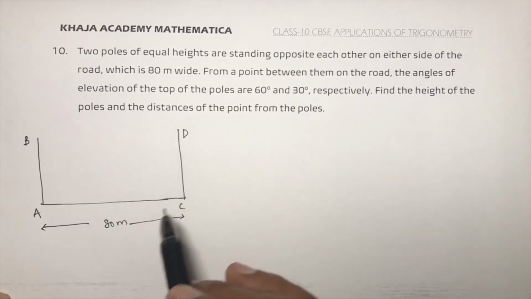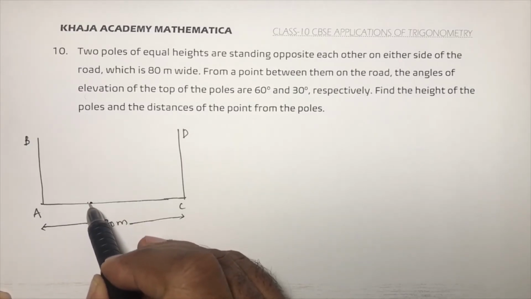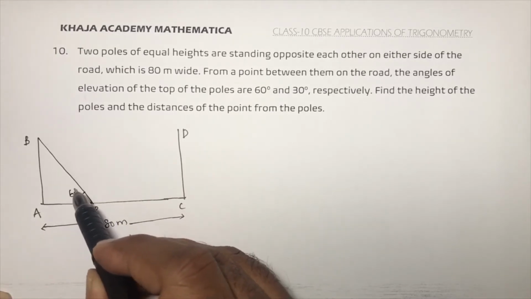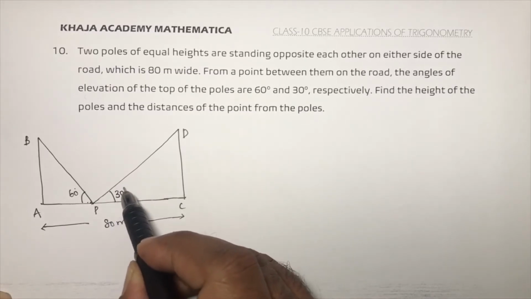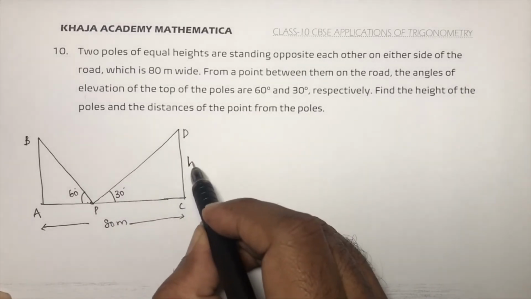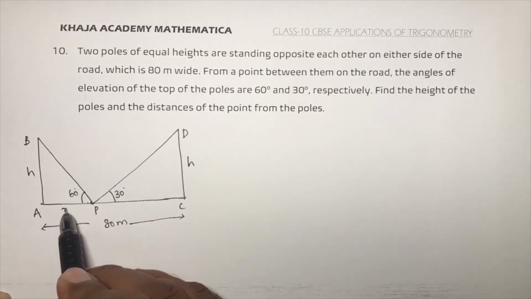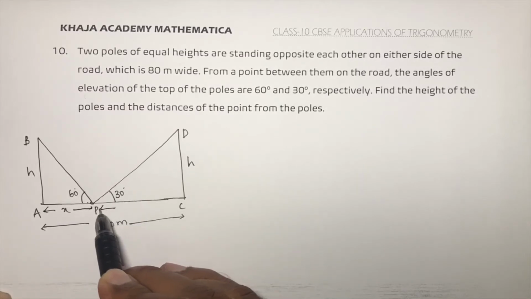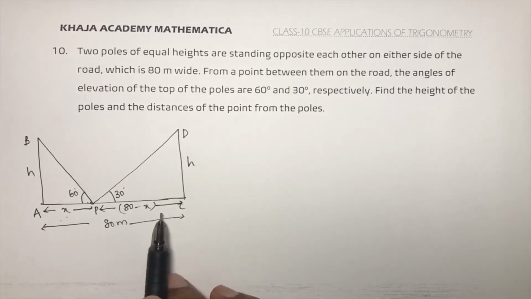From a point between them on the road, the angles of elevation of the tops of the poles are 60 degrees and 30 degrees. Find the height of the poles, which are equal, so H. I'll consider AP as X, then PC will become 80 minus X because the total is 80.